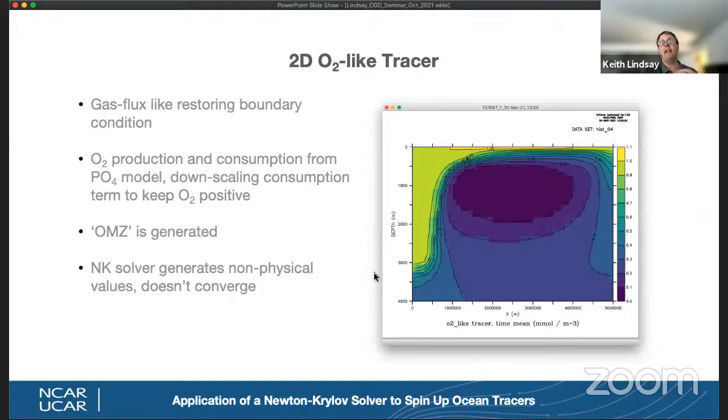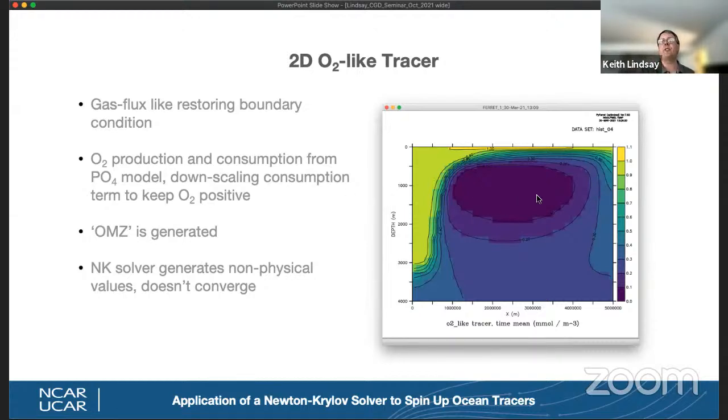I've implemented an oxygen-like tracer that we were having problems with in the full-blown GCM. This is a tracer that has some sort of a gas flux-like boundary condition at the surface. And there's production and consumption of oxygen that comes from a 2-dimensional phosphate model. If oxygen gets close to 0, the consumption is downscaled, having the same sort of nonlinearity that we have in the full-blown GCM.